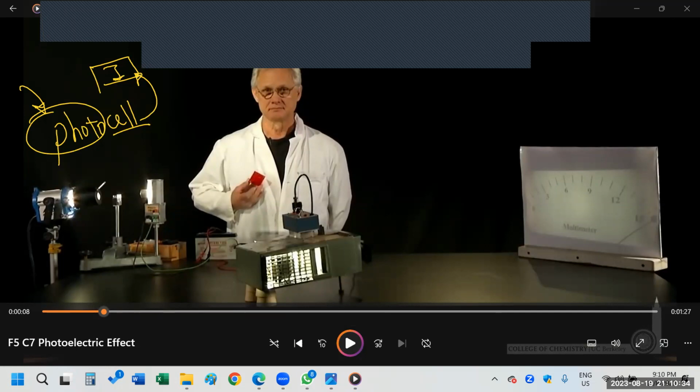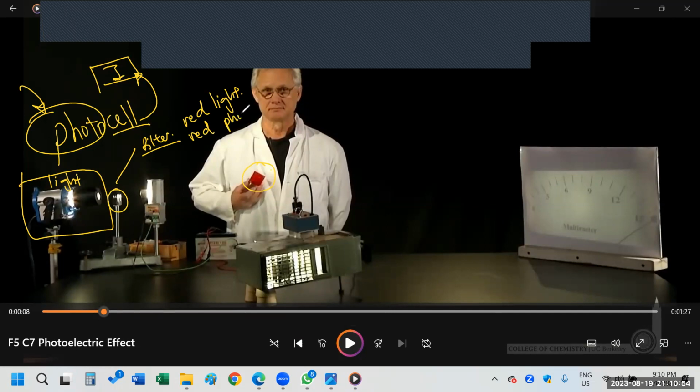Okay, so the connection here is like, here is the source of light, and here we'll put a filter. If the filter is red, it will give a red light, so we say it gives red photons. If it is a yellow light, then we say it will give out yellow photons.